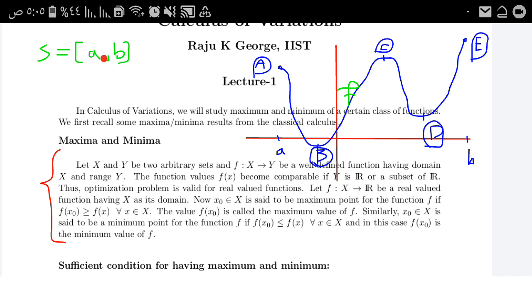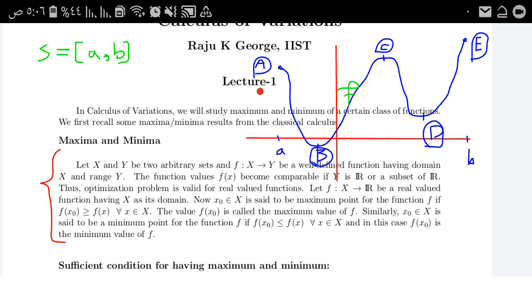Interval A to B. Pay attention that in this example, the domain S, which is the interval A to B, is bounded and closed.